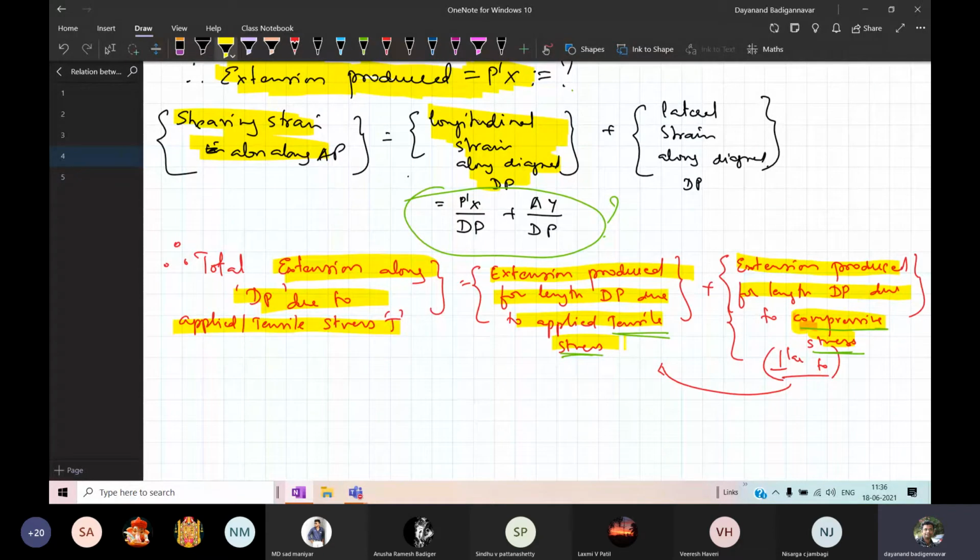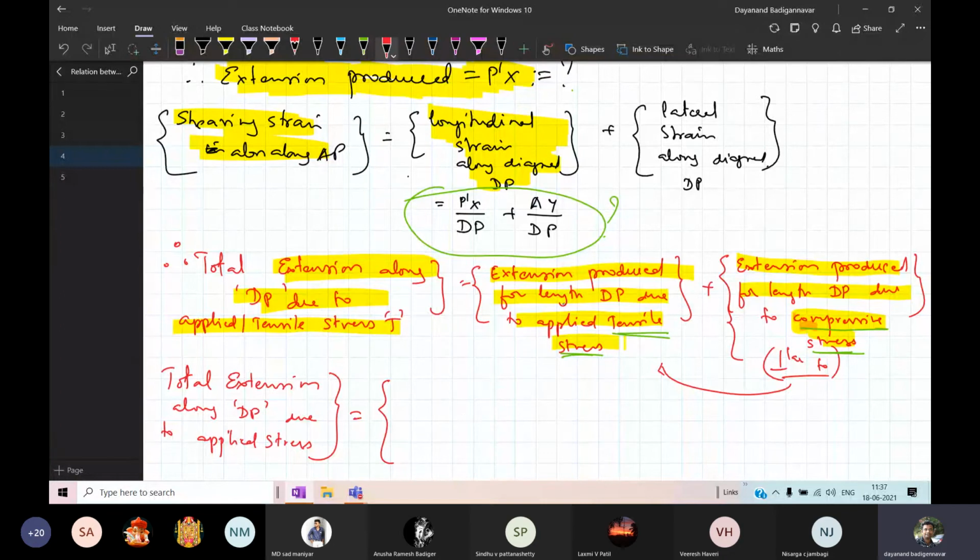Now the first one, how I write it: once you understand this much, the rest is easy. The total extension along dp due to applied stress is equal to, first, the extension produced for length dp due to the applied tensile strain, which is given by T into dp into alpha, plus T into dp into beta.